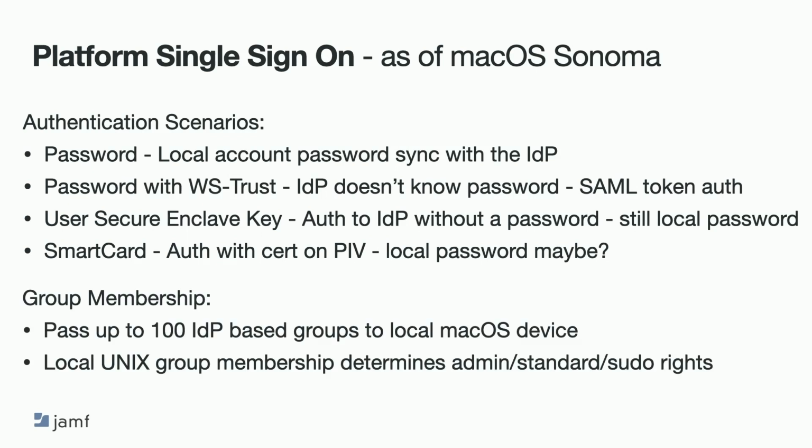Anyway, one thing that is interesting about this one that I'm looking into, and I don't want to talk too much about it, is that the identity provider can actually pass, that identity attribute can actually come back with group membership in it. And built into the spec is that you can pass up to 100 groups in that identity token to create a matching local group on the macOS device.